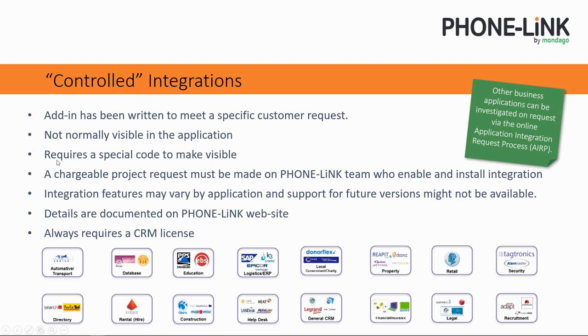So that's what this comment is basically talking about. Now the reason that we do that is that for controlled integrations, we insist that one of our engineers installs and configures those integrations, and you should also bear in mind that this is a chargeable service.